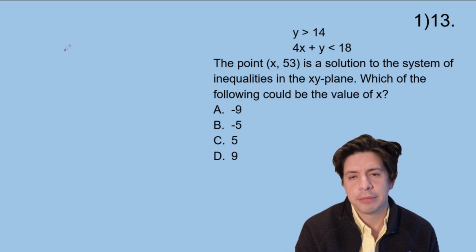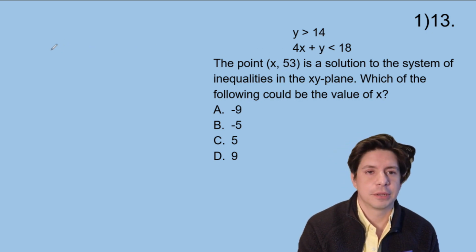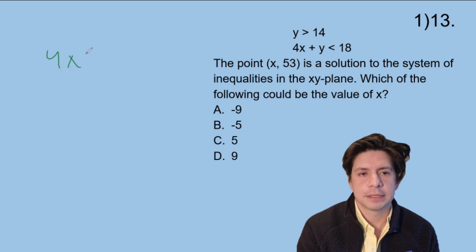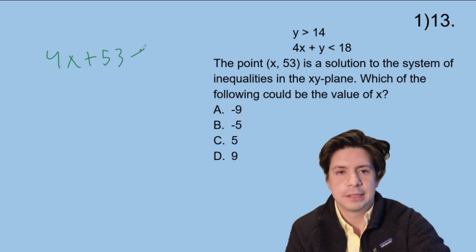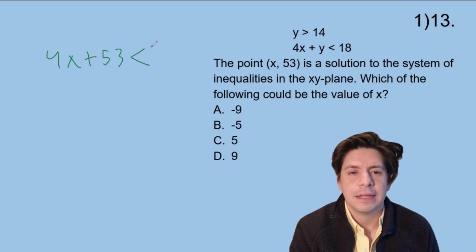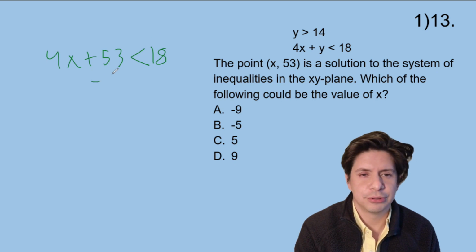Let's see, which of the following could be the value of x? So we can plug in 53 for y and then solve for x, right? So we're going to get 4x plus 53 is less than, it's a bad less than sign, sorry about that, is less than 18. So you're going to subtract 53.